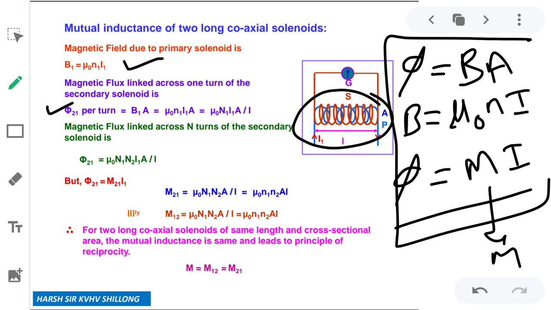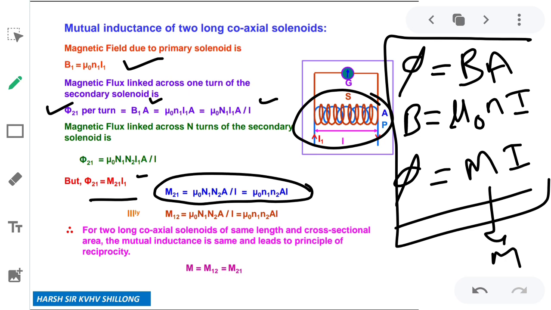The area is commonly shared, so B1 A. Replacing the value of B1, we get phi 21. Now we know very well phi 21 is M i1, or you can say M21 I1. So both values of phi 21 are equated. After equating, we get the answer M21 is equal to mu naught N1 N2 A l.